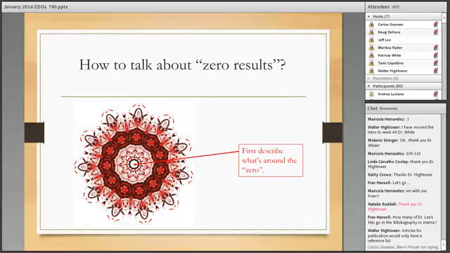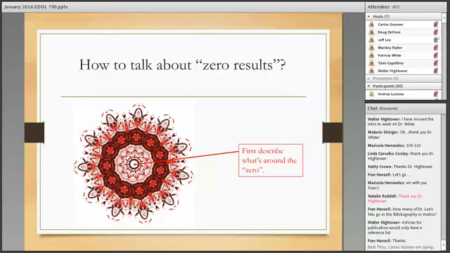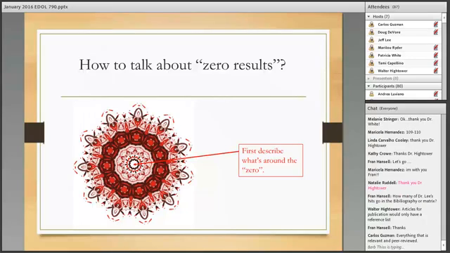So here's how you talk about 0 results. And imagine a kaleidoscope where if you're looking through the lens of a kaleidoscope and you're turning it, there are shapes and sizes and colors around the outside that keep changing. However, when you look down the narrow center of the kaleidoscope, there's nothing there.